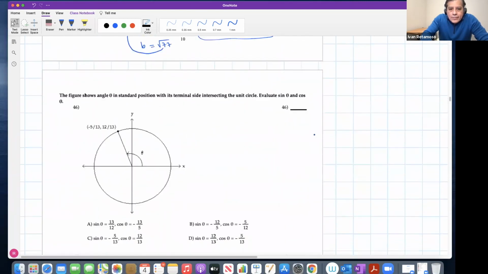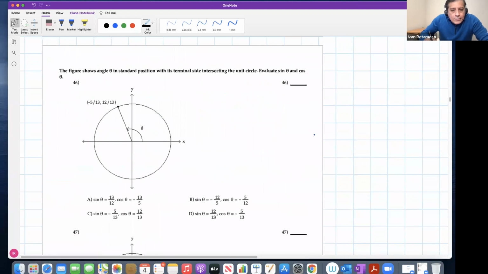We reached the unit circle. I'm glad we reached the unit circle because the unit circle simplifies the work a lot. You will see. They are asking you to figure out in this unit circle, right? They say this is the unit circle. This is 1, 1, 1, 1, right? What is sine and cosine of theta? Sine of theta is always in the unit circle the second coordinate, right?